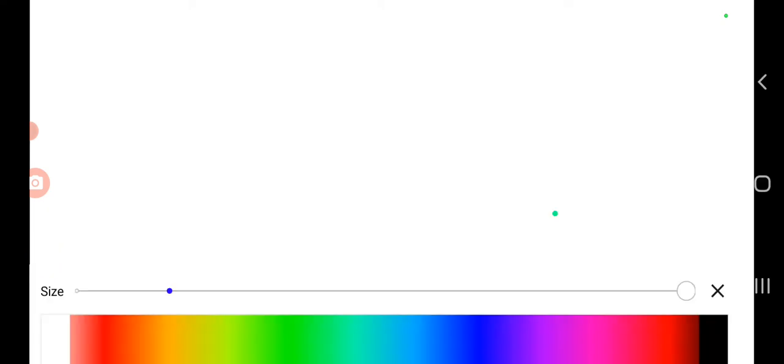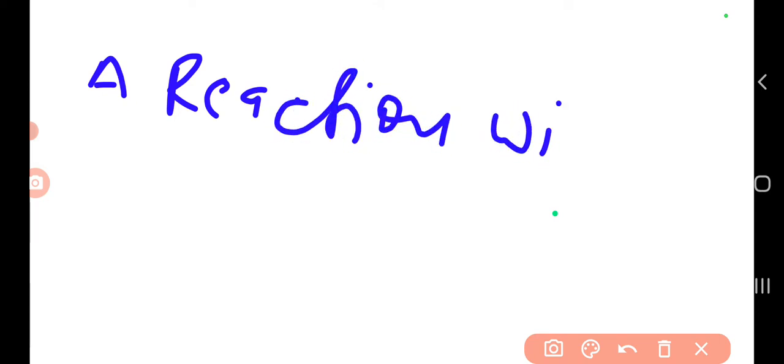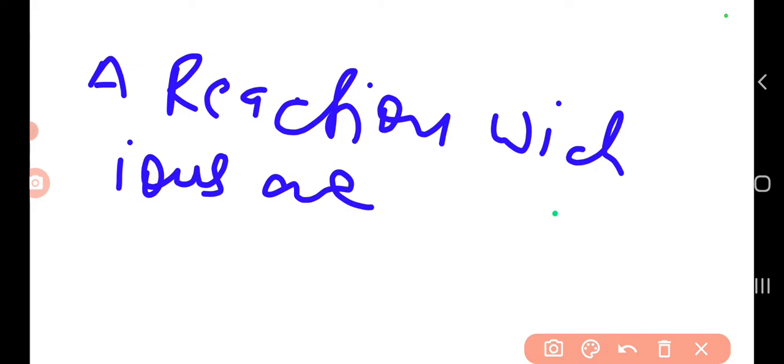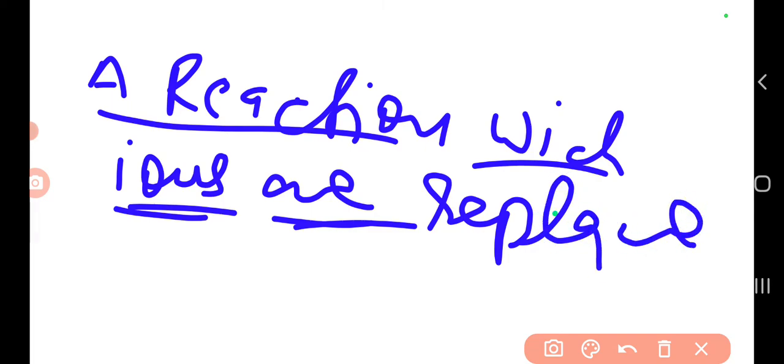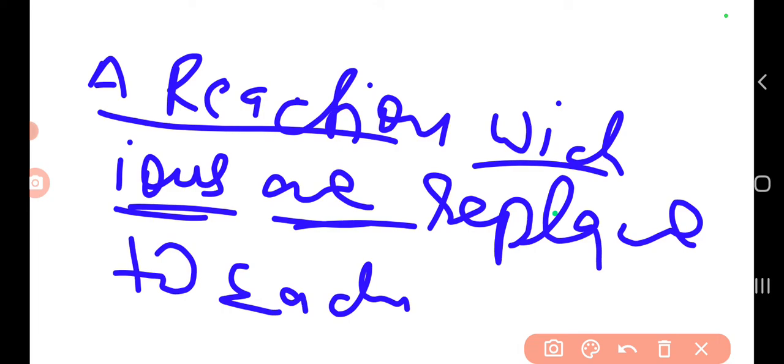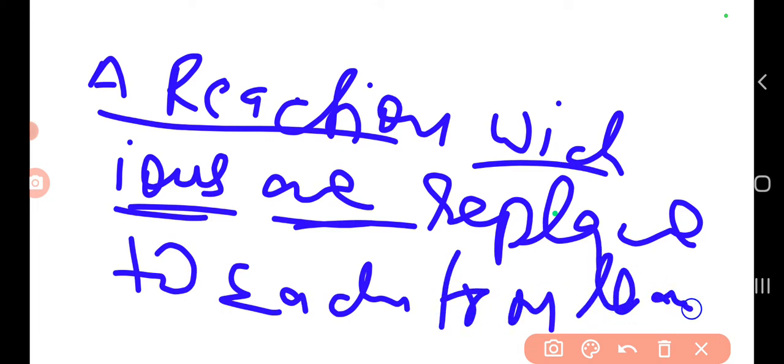You can write it this way: a reaction in which ions are replaced to each other from reactants is known as double displacement reaction.